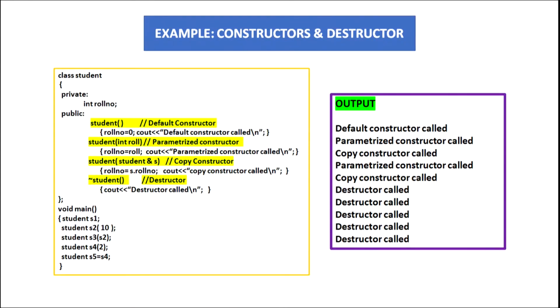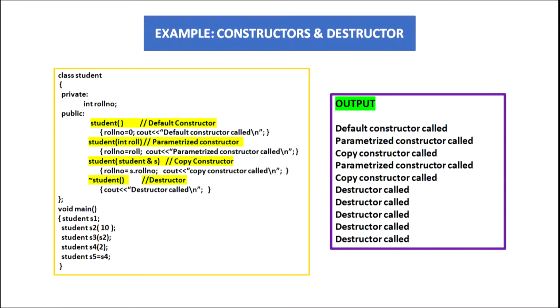Let us see the third statement in main, Student S3 and within parenthesis S2. In this case, as we are passing an object as a parameter, the copy constructor will be invoked and the roll number of S2 will be copied to roll number of S3 and the statement "copy constructor called" will be shown in the output window.